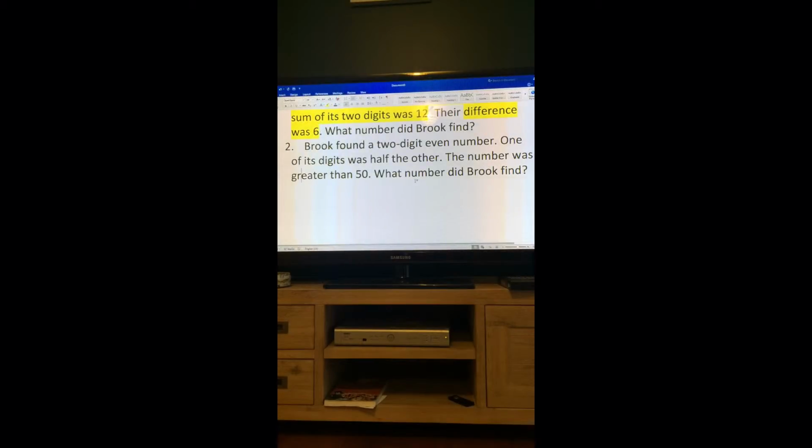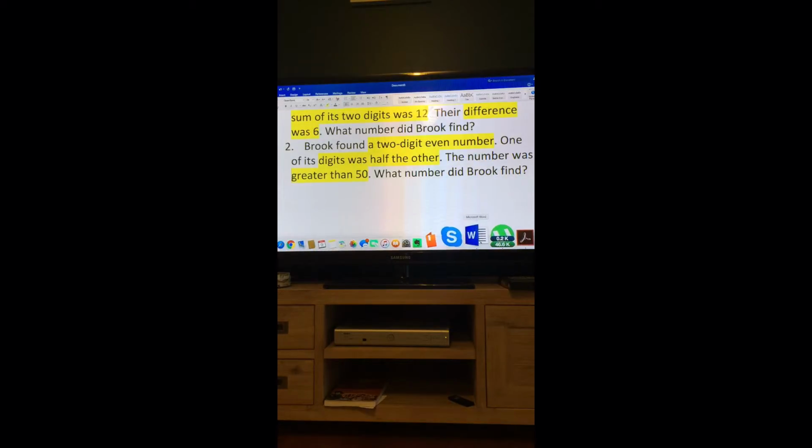Looking at the second part of the problem, we know that Brooke found a 2-digit even number. One of its digits is half the other one, and the number is greater than 50.